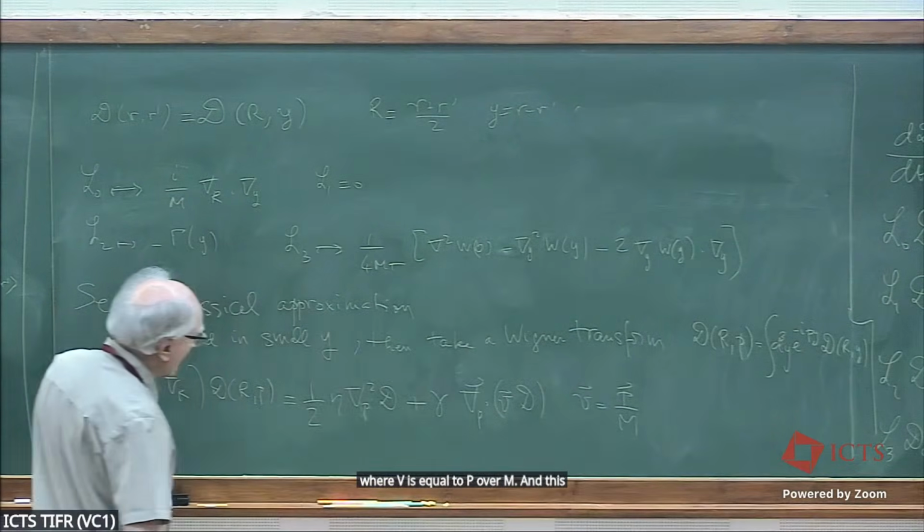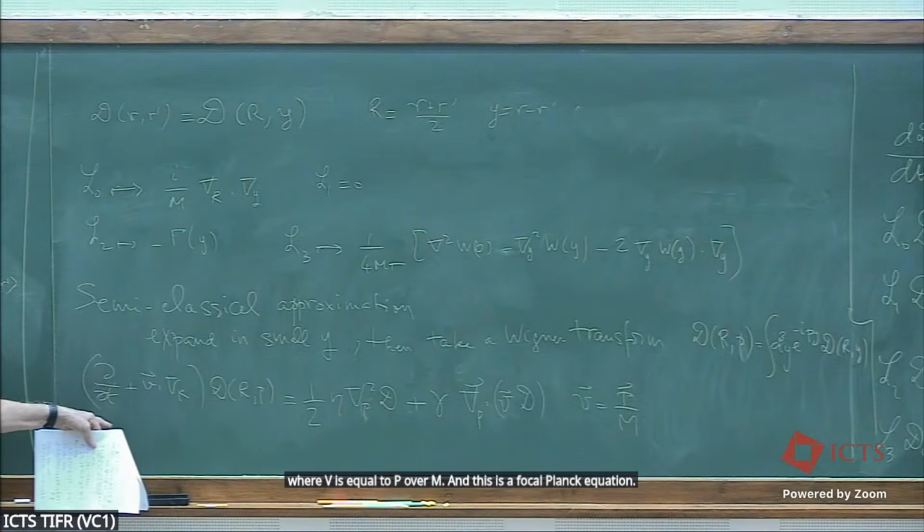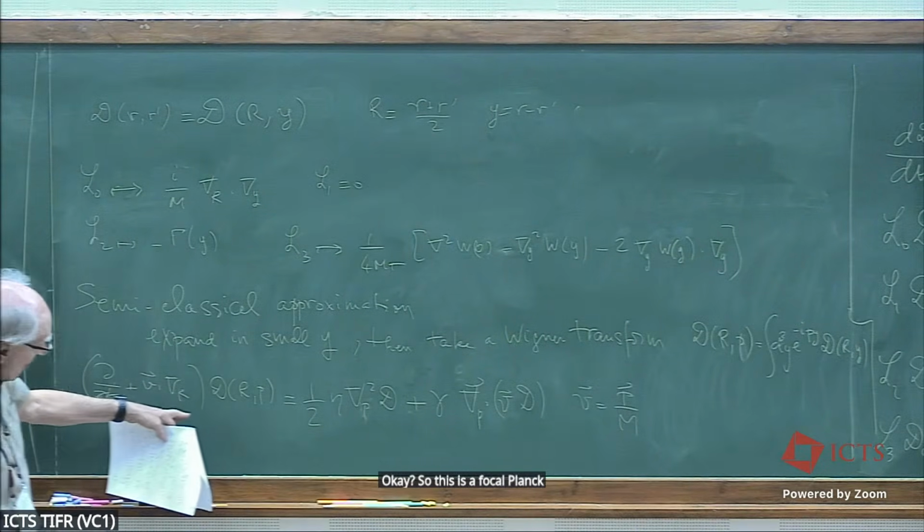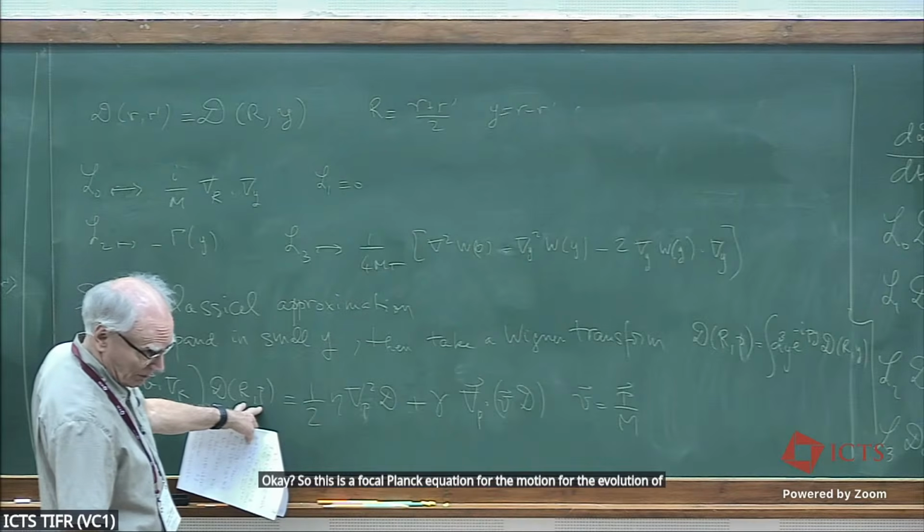And this is a Fokker-Planck equation, okay? So this is a Fokker-Planck equation for the evolution of the density matrix of the heavy quark.